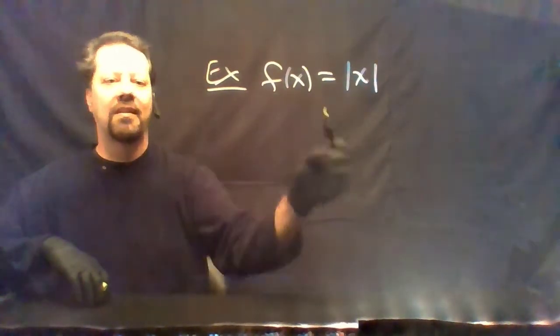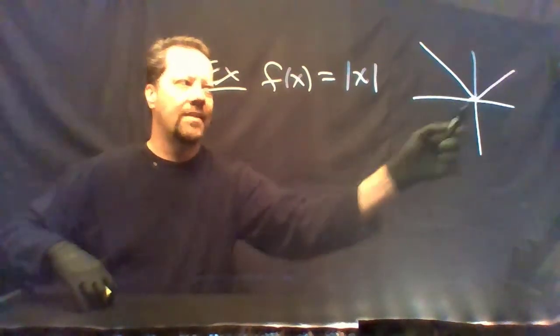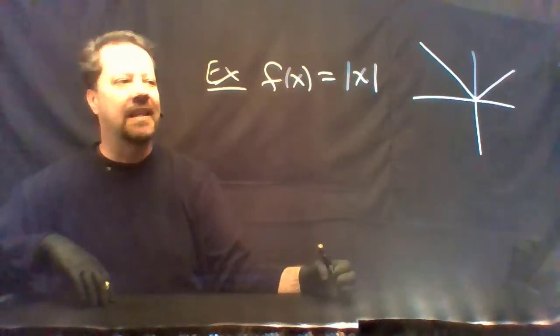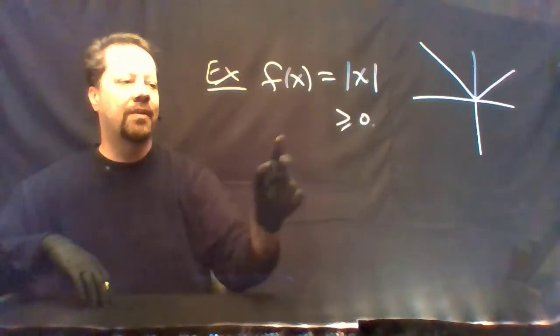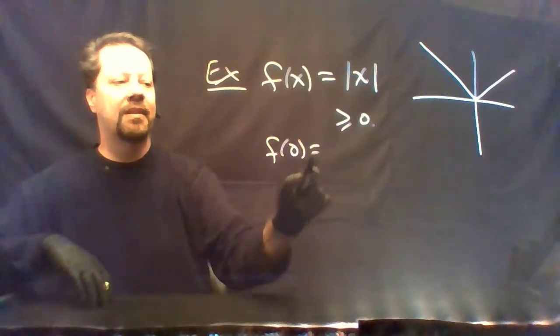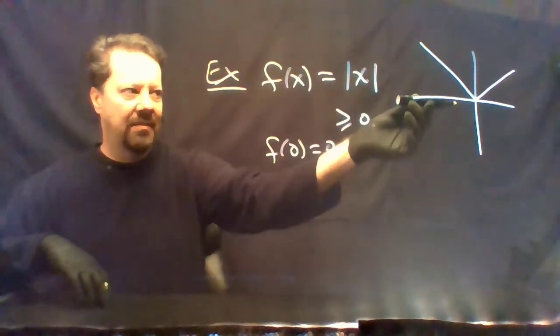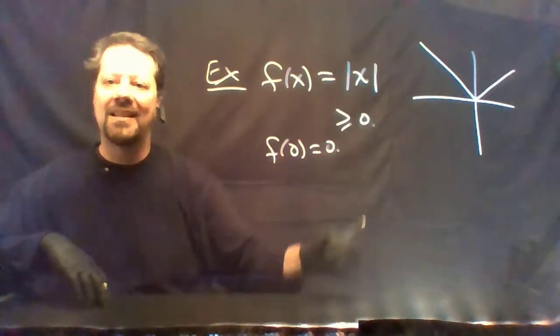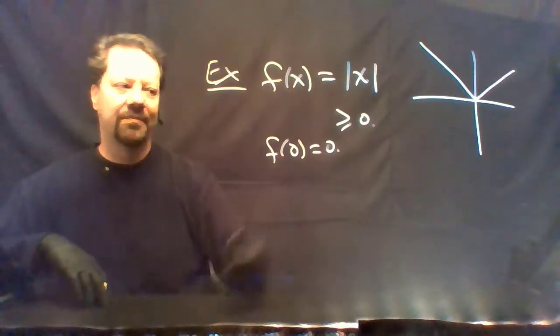Consider the function absolute value of x, which has a graph that looks like a great big V. This function is bigger than or equal to 0, and f of 0 equals 0, which means that the height 0 is the absolute minimum, and it occurs at x equals 0.